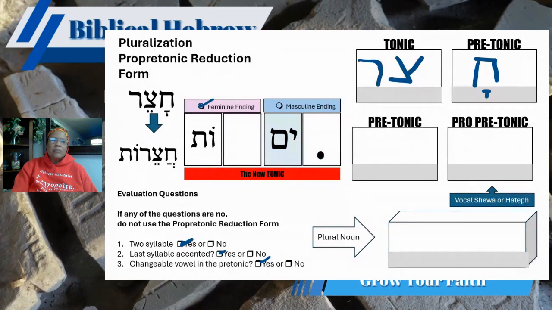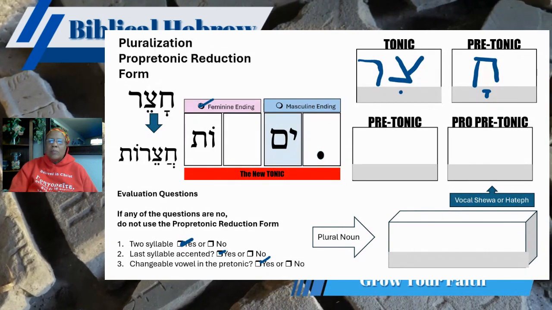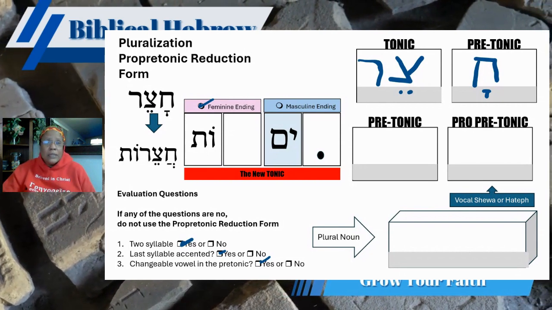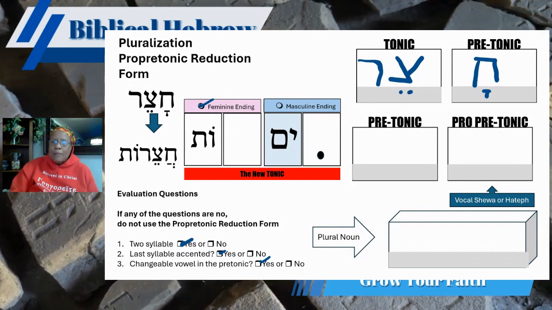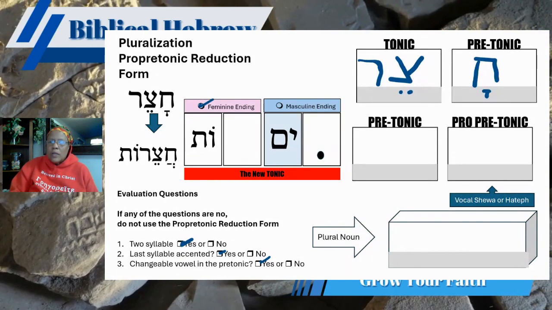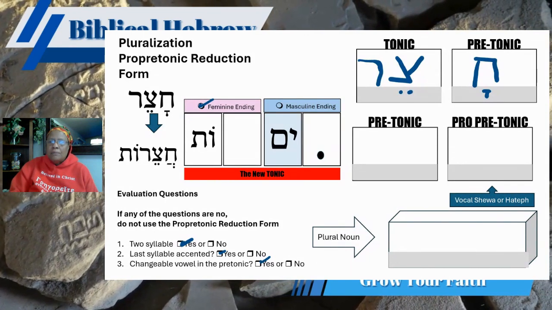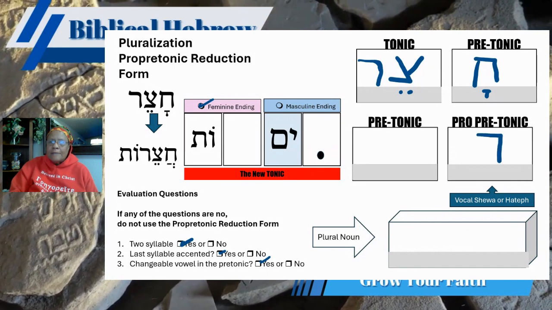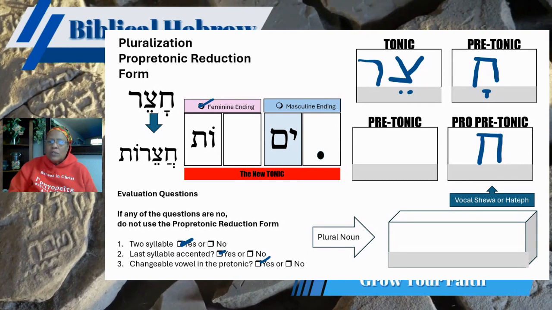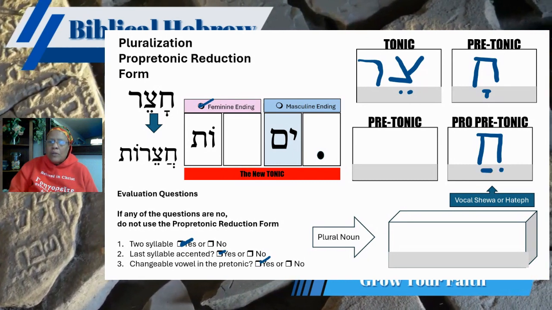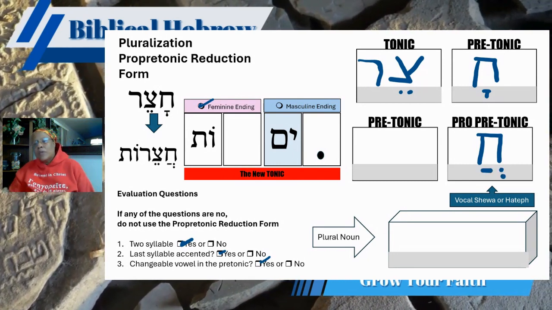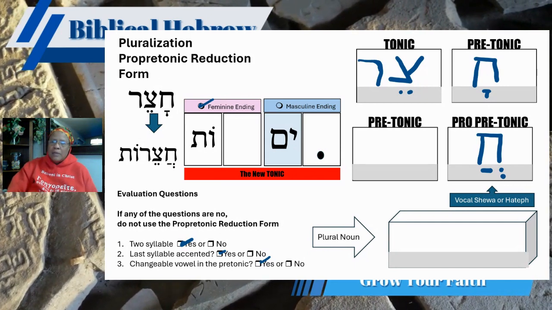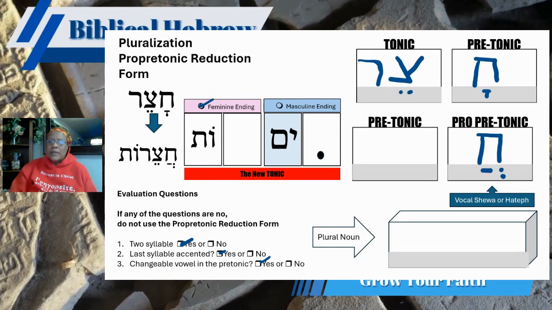It's important to write down the proper vowel pointings. Why? Because you could be writing a completely different word. Okay, here we go. So let's bring down the chet. The chet is going to be reduced because now it's the furthest. It's no longer next to the tonic. It's not going to be influenced by the tone of the tonic.